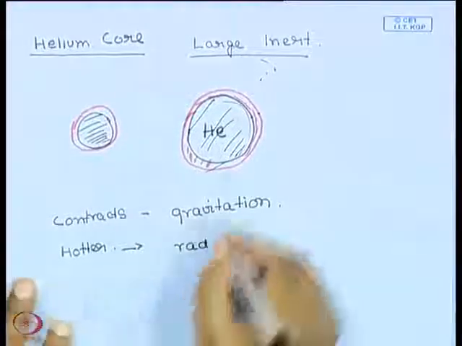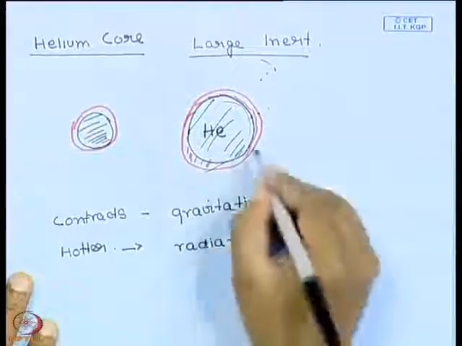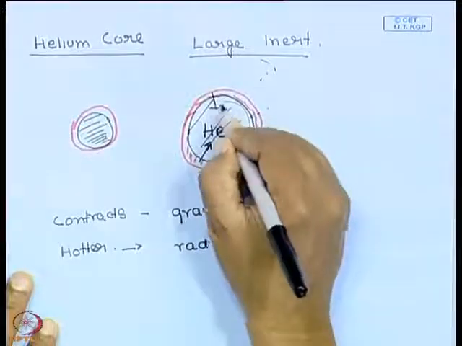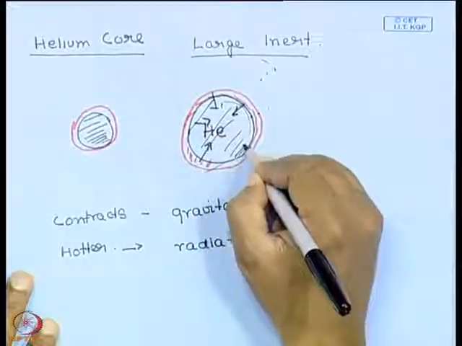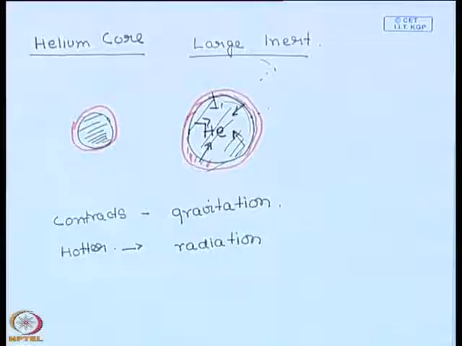If a star loses energy, it contracts. If a star gains energy, it expands. We have learned this in the virial theorem. So, when this core collapses due to gravity, it gets hotter, emits more radiation. The entire star as a whole will expand.